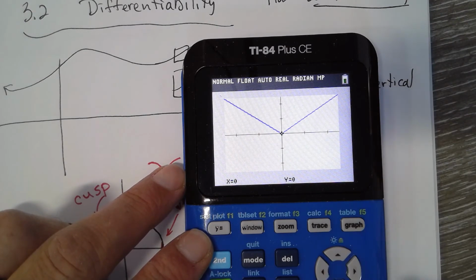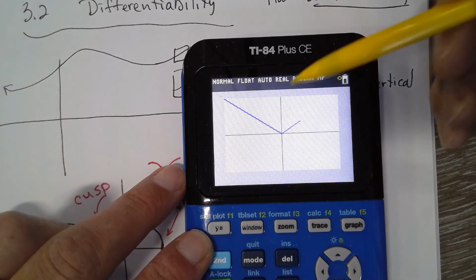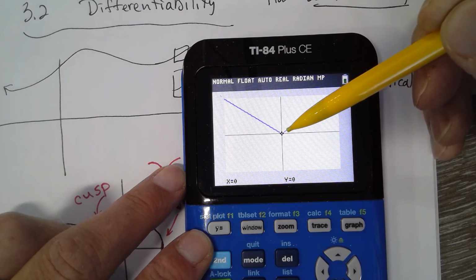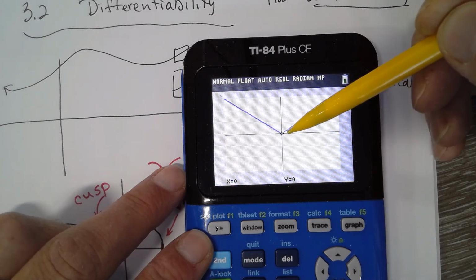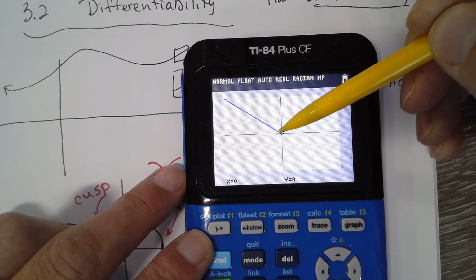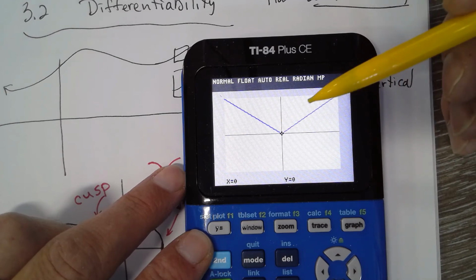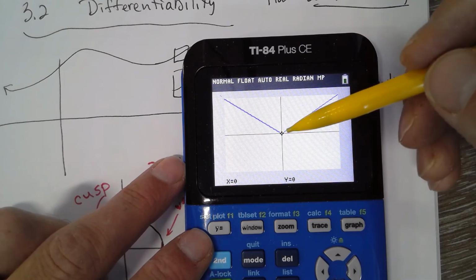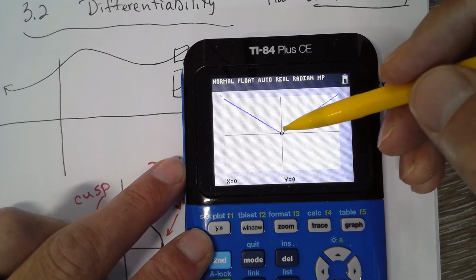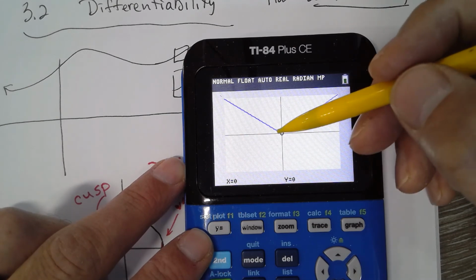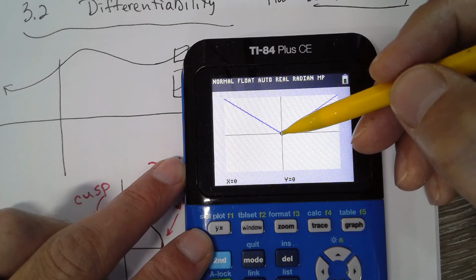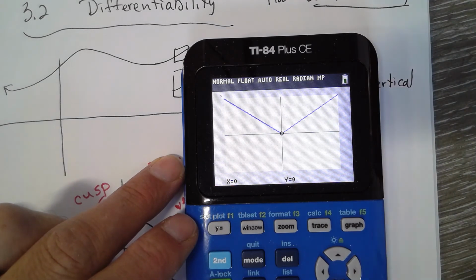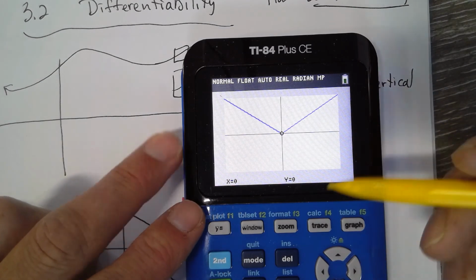So if I zoom in enough, it grabs just to the left, right there, and just to the right there, and it connects them and it finds the slope. Well, what's the slope of one to the left and the right? It is 0. So the calculator is wrong. The derivative does not exist at 0. It's actually undefined at 0. The calculator thinks it's 0 because it picked a point just to the left and just to the right and connected them. Okay, so there's some issues with the way they've defined how to find the derivative on the calculator.